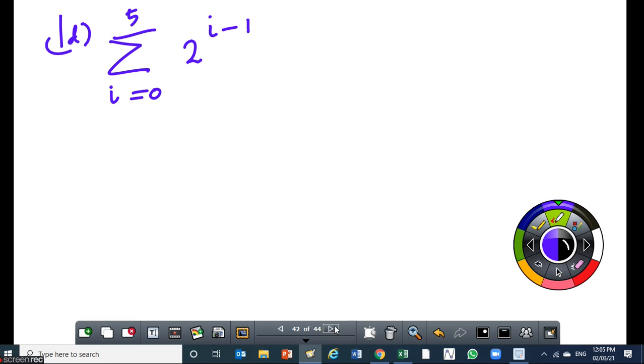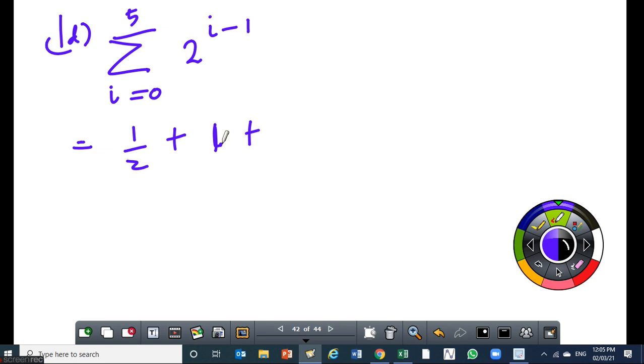Okay? So, I want to determine whether it's really geometric. So my next step is to substitute i equal to 0 here. I'll get 2 to the power of minus 1. Which is the same as the what? A half. You agree with me on that? Yeah. So I can write here a half, because we are in grade 12. If I substitute i equal to 1 here, 1 minus 1 gives me what? 0. 2 to the power of 0 is a 1 plus.